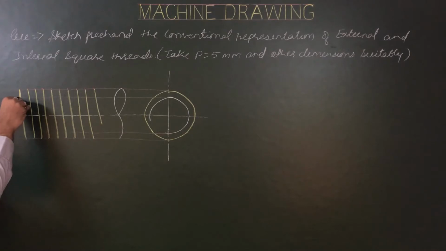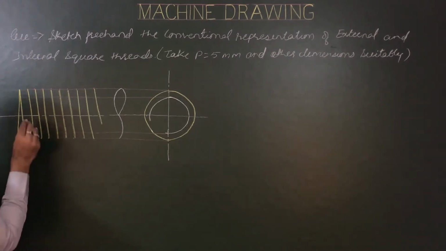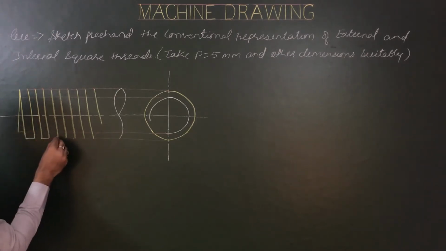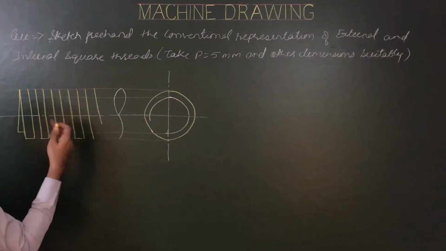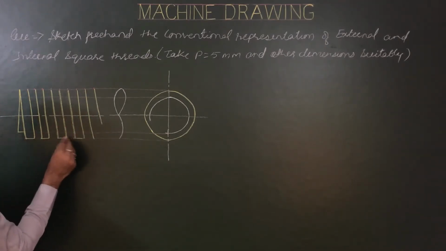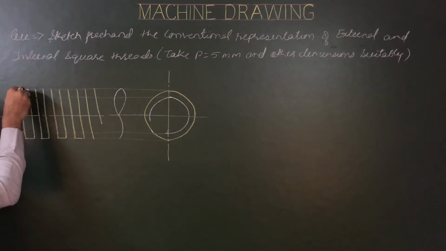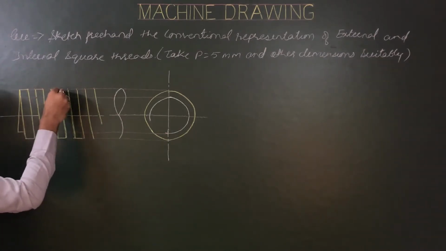Now starting from this point, draw a vertical line like this up to the minor line, and then draw a horizontal line touching this side. Now I have to show external limits, so after the first mark, show the second limit, then second. Similarly we have to show the upper limit of the square thread like this.